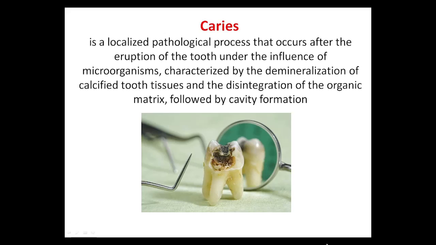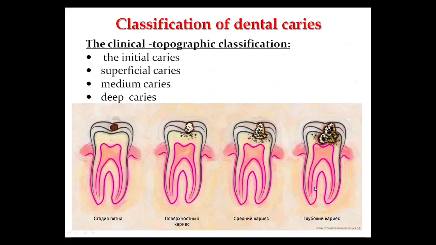Caries is a localized pathological process that occurs after the eruption of the tooth under the influence of microorganisms, characterized by the demineralization of calcified tooth tissue and the disintegration of the organic matrix, followed by cavity formation.